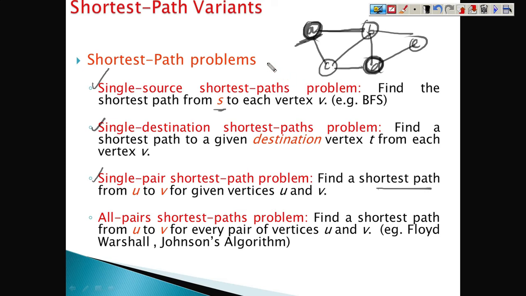For example, I may take my pair as C and E. So my interest is to find out the shortest path between C and E. Out of all available paths, I am only interested in the shortest path between C and E. This pair may be anything; I can choose my pair as A and B. So here we are only concerned with the shortest path between the two vertices, not with every other vertex, as we have seen in the previous two cases.